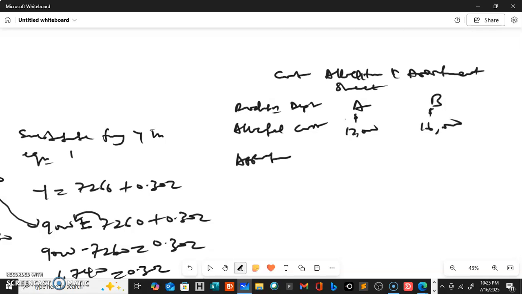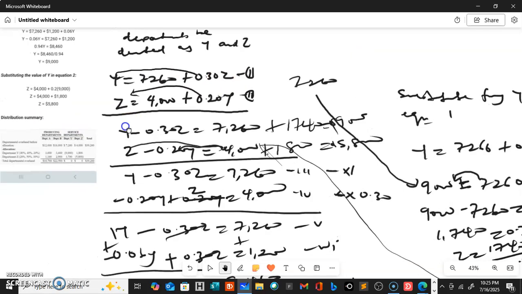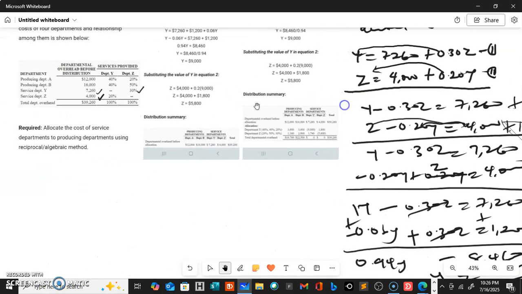Because we've already apportioned 30%, look at the question. A is supposed to receive 40% and 40% for B. But out of the 100%, we have already given 20% to Department Z, meaning that we have 80% left.